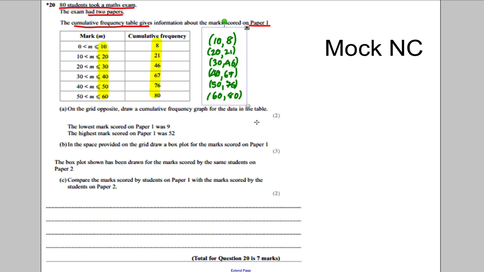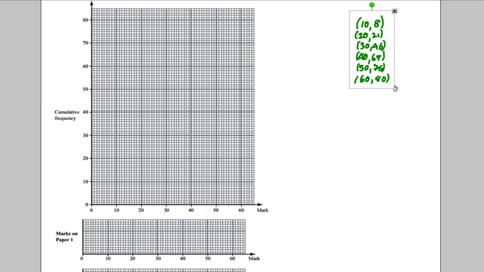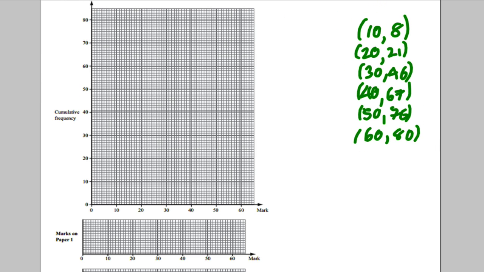So we're going to plot that for 2 marks on this grid. So I'm going to go over to the grid here and I'm going to plot that. Okay, so there's 10 squares here, each worth 1. So they're worth 1 each, so that's good. And similarly up here, they're worth 1. So that's the ideal scenario, nice and easy to plot. So what are we going to do? Let's plot 10 with 8, 10 across, 8 up, 20 across, 21, 30 across, 46.